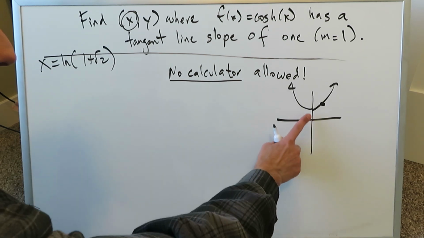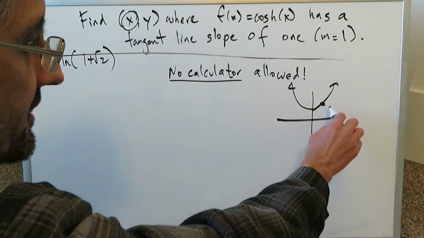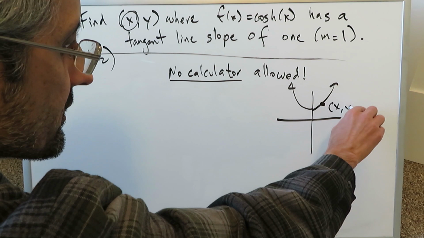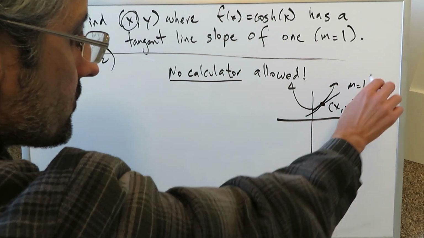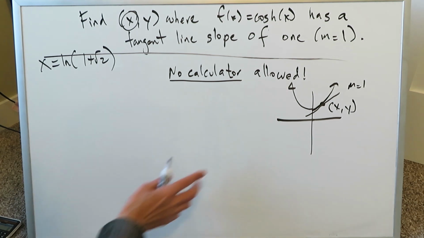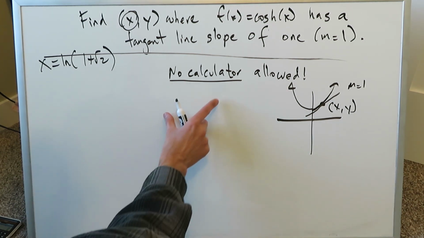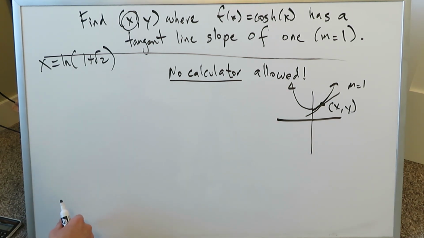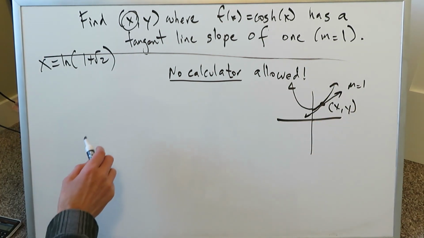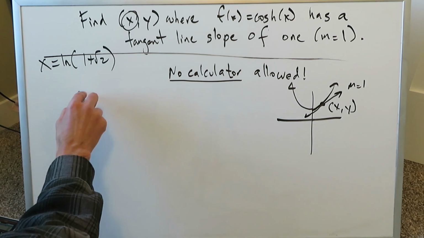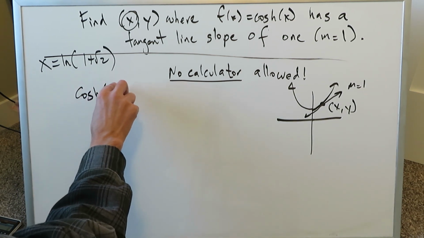We know our function f of x is a hyperbolic cosine. We've determined the x coordinate. We have to determine the y coordinate where the tangent line will have a slope m equal to 1. How do we go about doing that? Now we come back to our original function. Our work with the sinh x in terms of the derivative is complete. We have to come back to the hyperbolic cosine function, cosh x.